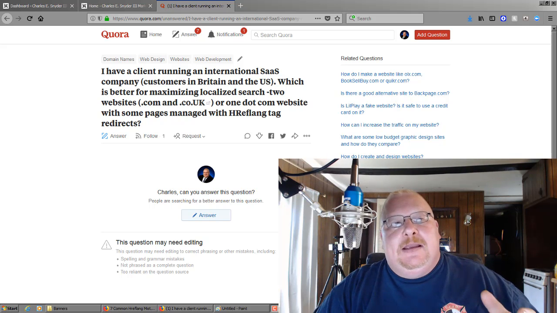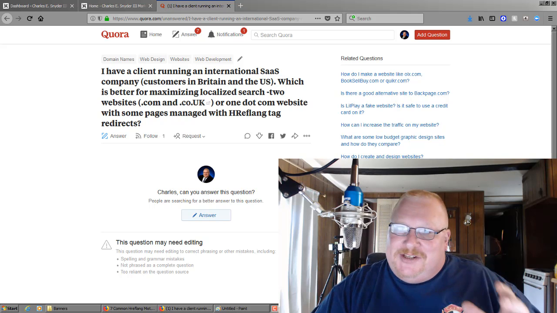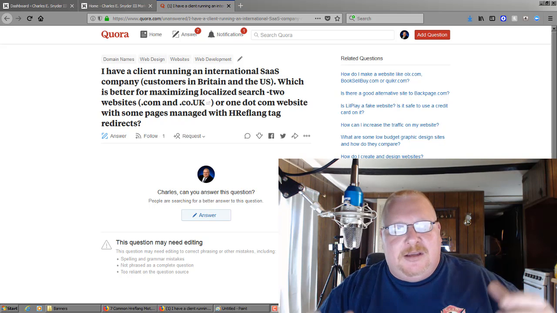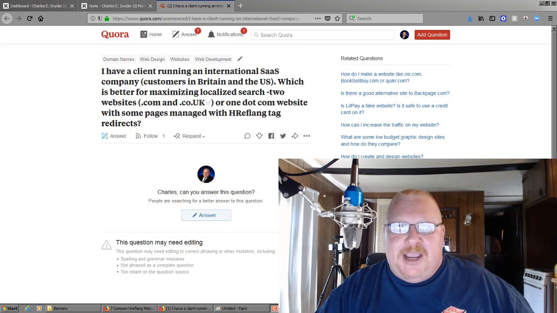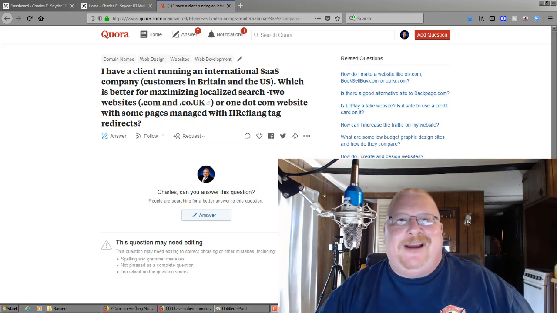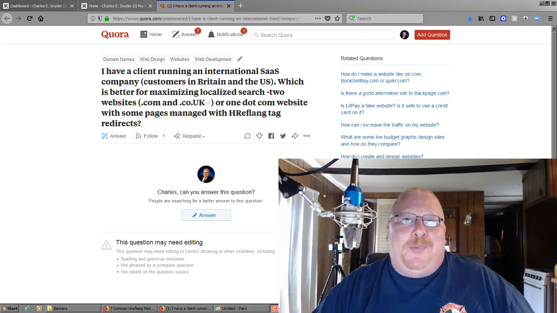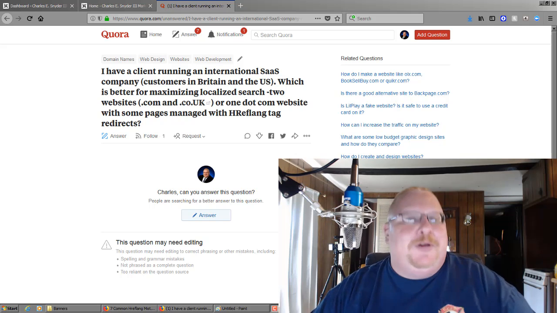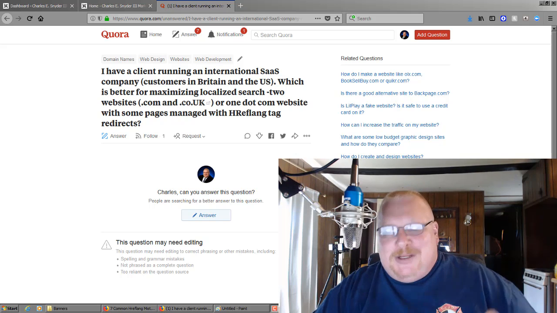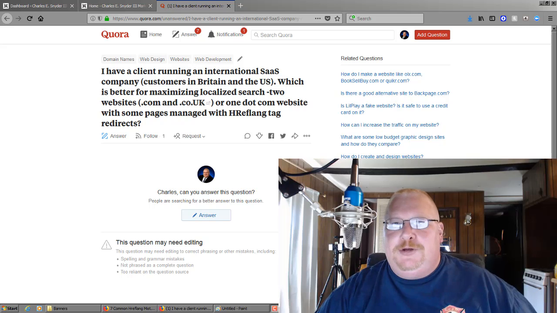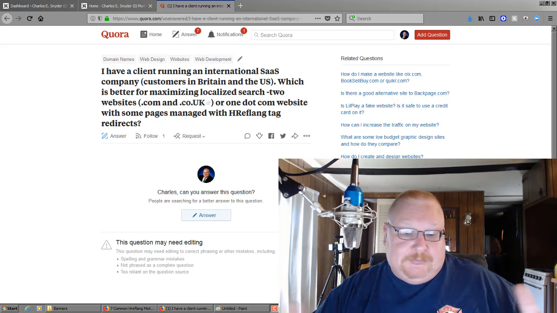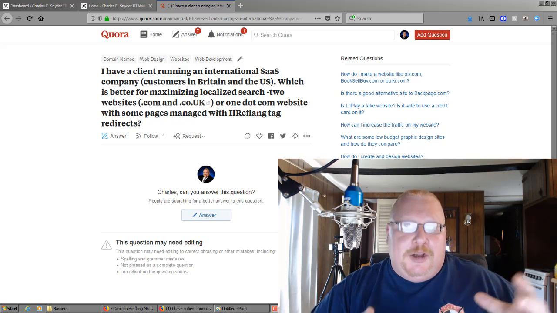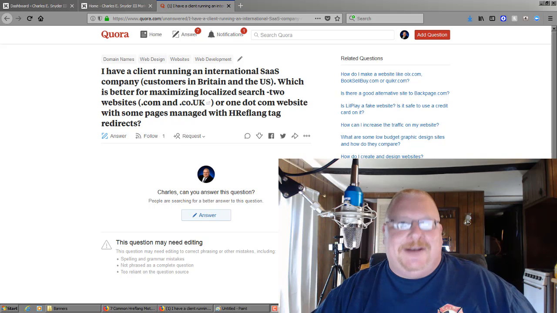So probably the simplest would be one site using the hreflang tags. And if you have the other domain, park that .co.uk on top of example.com, or whatever the case may be. That's probably going to be the simplest solution to implement, and use the hreflang tags.